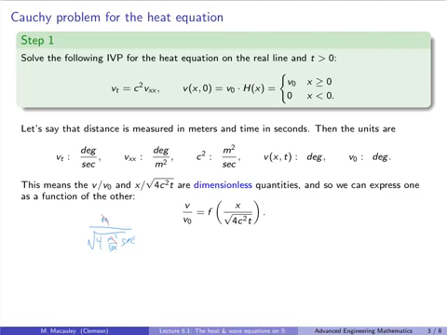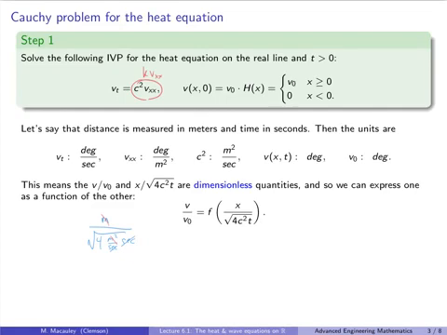The other question you may be wondering is, why did I put a root 4c squared here? That's just 2c, right? Well, first of all, most books probably write the heat equation as k v_xx, where k is positive. I've been sticking with c squared to match what we see in the wave equation, just for consistency.